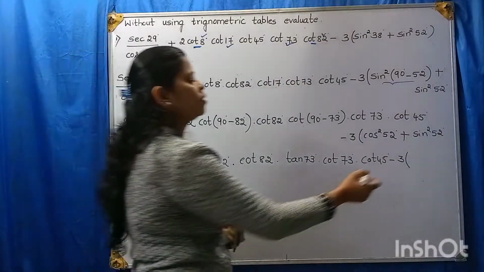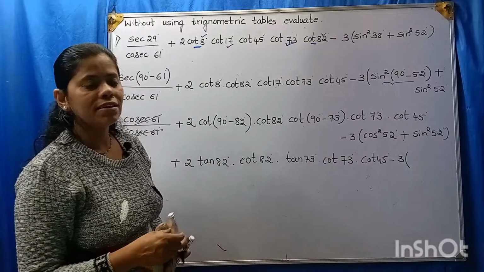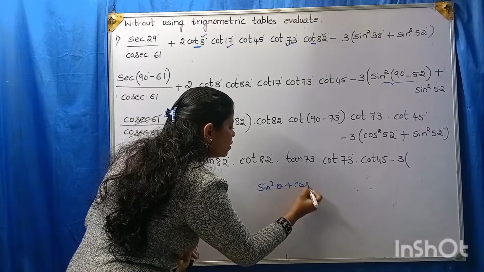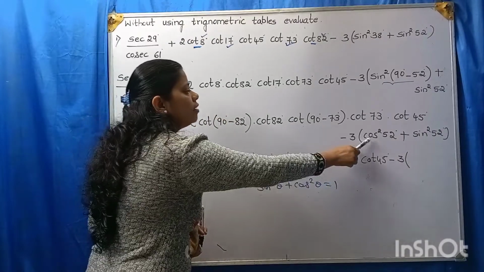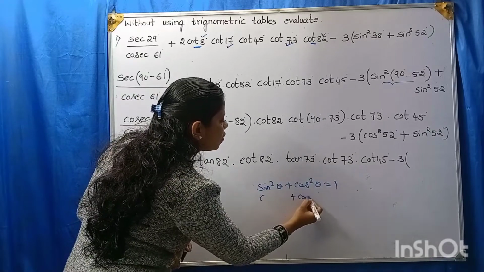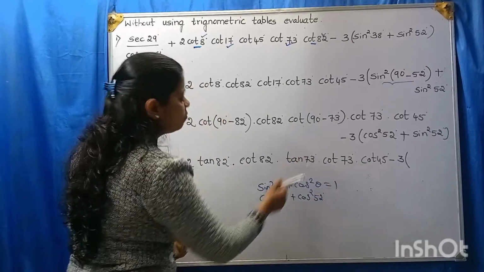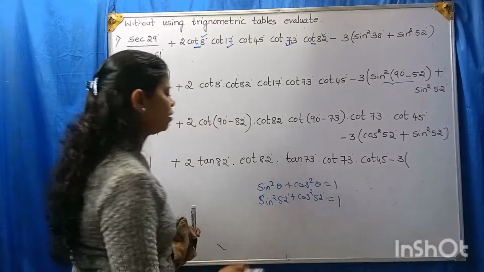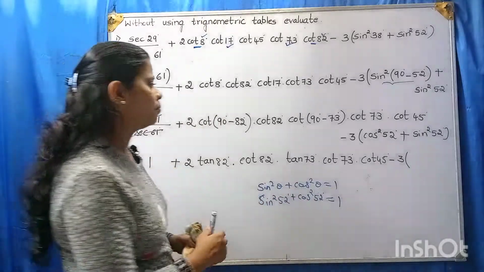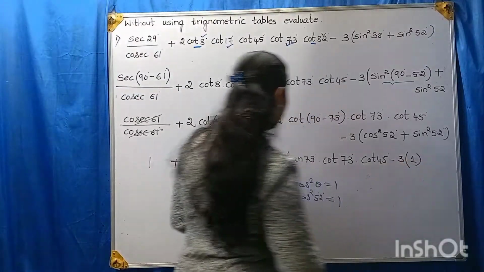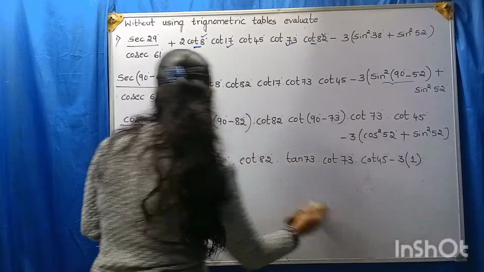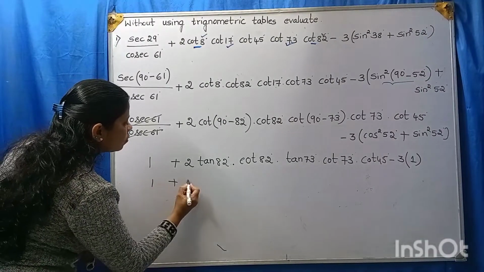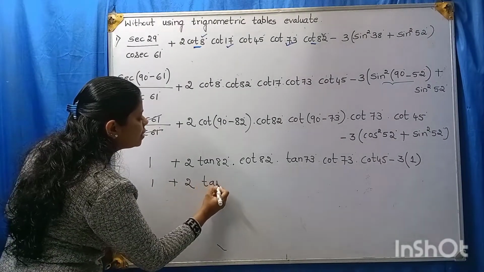We know the formula: sin square theta plus cos square theta is equal to 1. Here we have cos square 52 degree plus sin square 52 degree. It is 1, because theta is the same. Now 1 plus 2 into tan 82 degree.